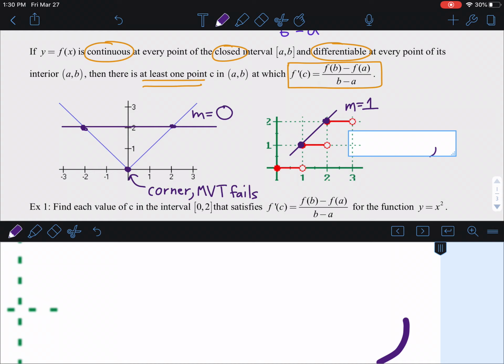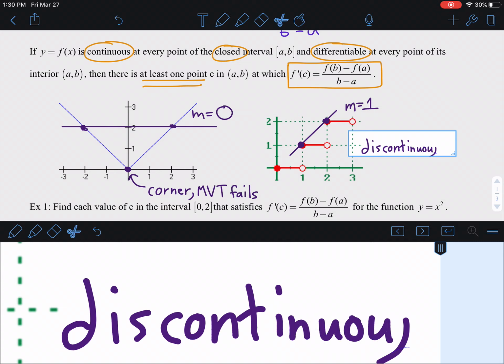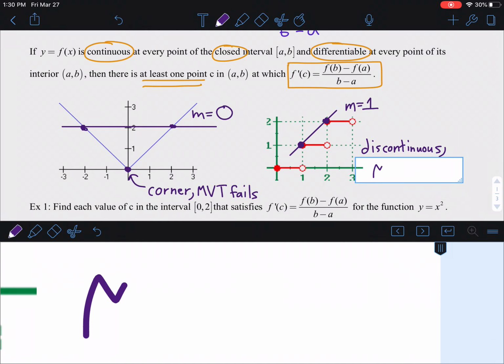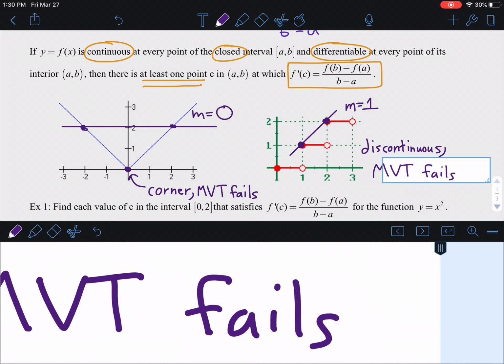Nope, right? And so that's because it's discontinuous. And again, the mean value theorem fails over this interval, okay?